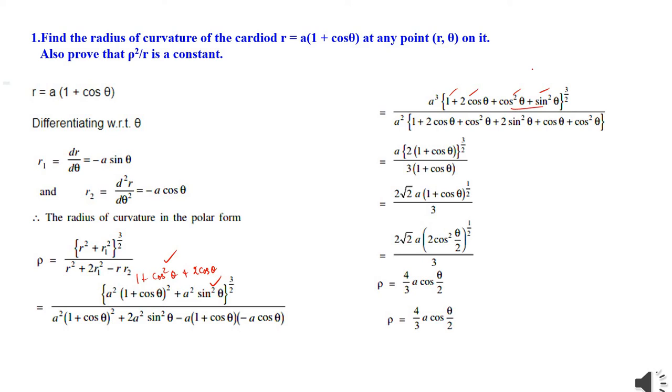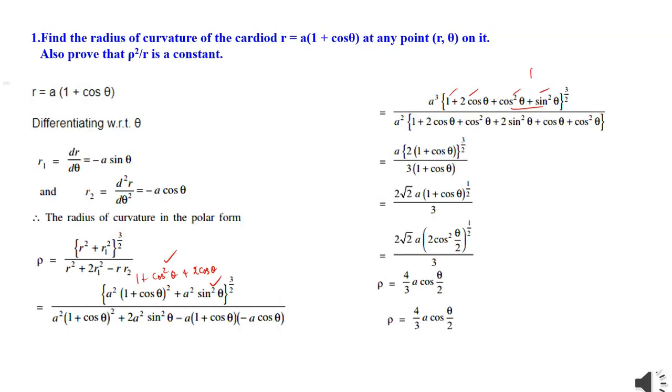So in the same problem we are also asked to prove that rho square by r is a constant. Taking 2 out, you have 1 plus cos theta, whole thing raised to 3 by 2.